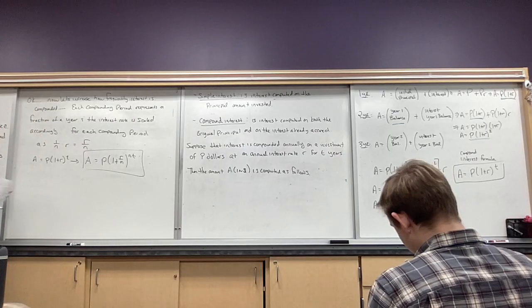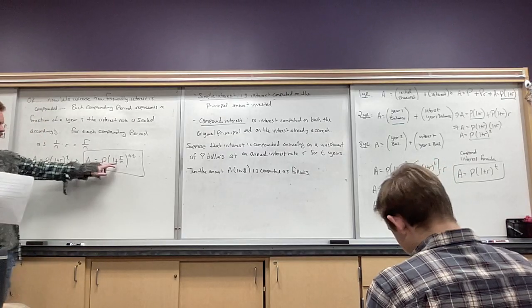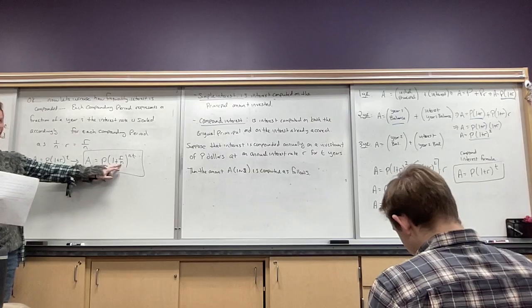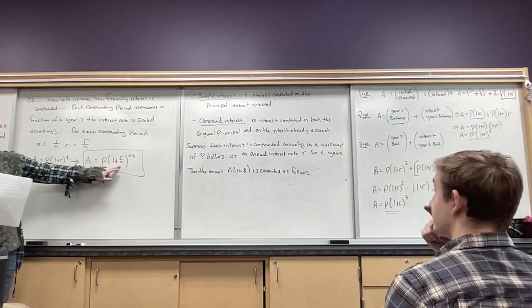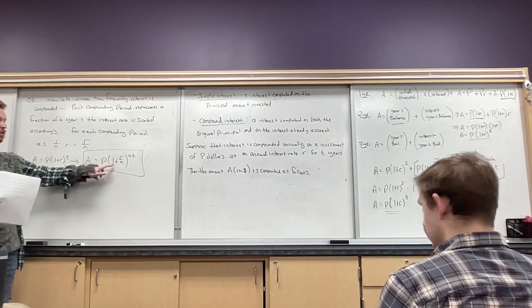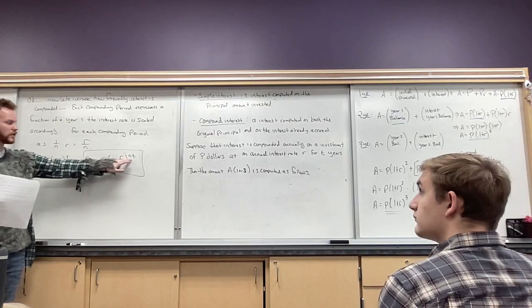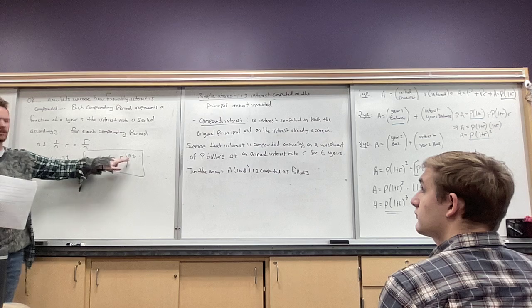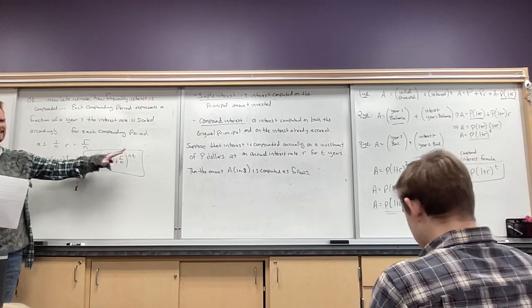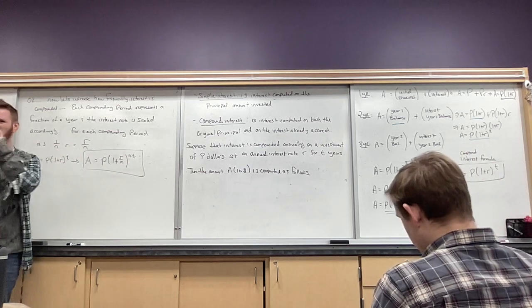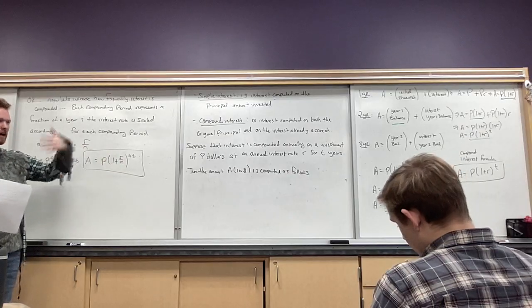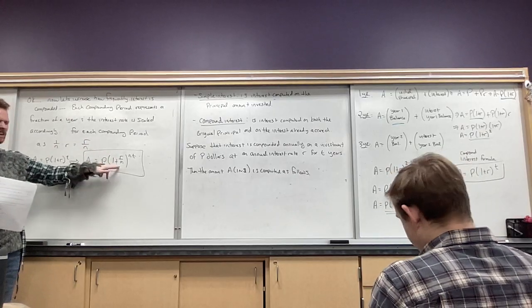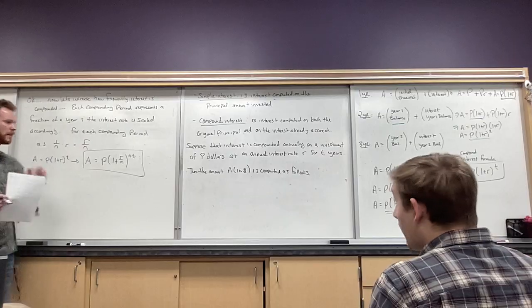Well, if you remember what we did last lesson, if n keeps getting larger and larger, won't this whole thing approach 0? Remember how we talked about that? So this is just a 1 here. But then this goes to infinity, right? So 1 to infinity, we really can't figure out what's going on there. So if I want to continually compound forever, this is not a good formula for it, okay?